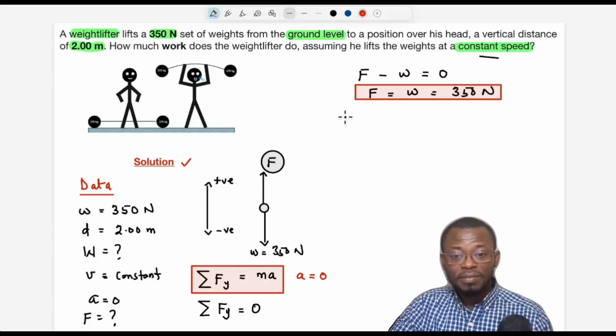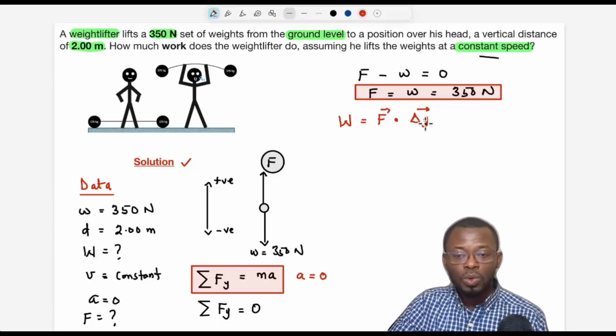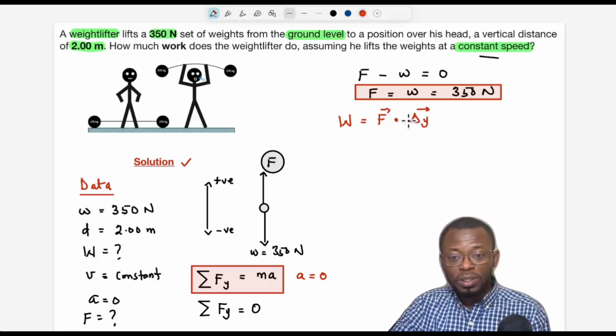So the general definition for work, as we know, is work done is equal to the force dot product the displacement. So in this case, we are using the vertical displacement. That's why we have delta y, the magnitude of that vector is going to be distance. And then the magnitude of the force is just going to be the numerical value for that force.